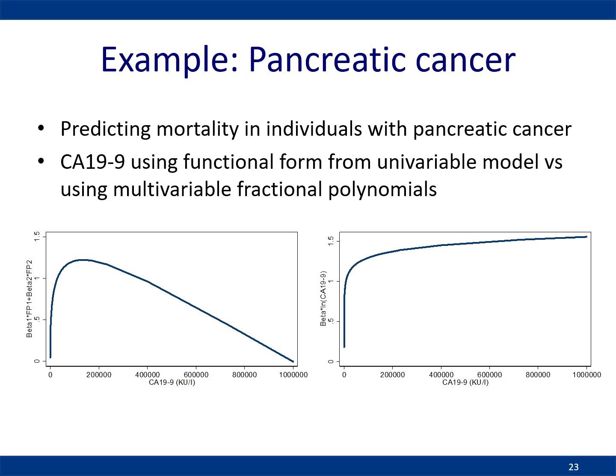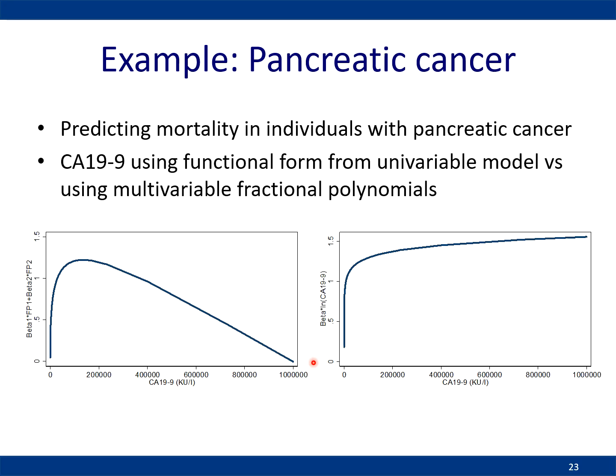This is where we were trying to predict mortality in individuals that had pancreatic cancer, looking at a biomarker which is CA19-9. If we determined the functional form based on a univariable model, we had a shape like this. What this says is that the hazard of mortality in individuals with pancreatic cancer increases as CA19-9 increases to a certain point, and then the hazard decreases again, which isn't very realistic.